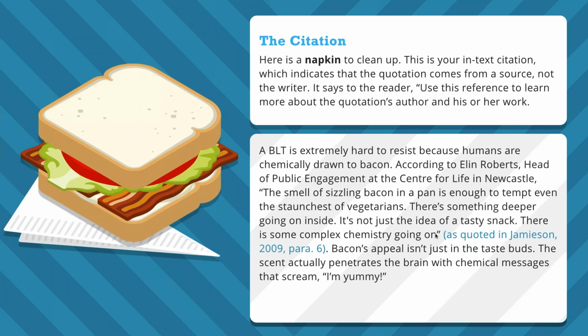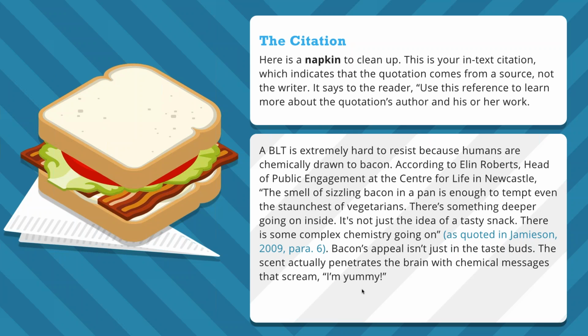If Ellen Roberts was our primary source, then we would not use this as quoted in phrasing, because Roberts would be the person we were quoting. So it would be Roberts 2009, paragraph 6. Just to keep that in mind. And there's plenty of information about how to do in-text citations in the APA Basics handout that is attached with Assignment 2 that shows you how to break that down.